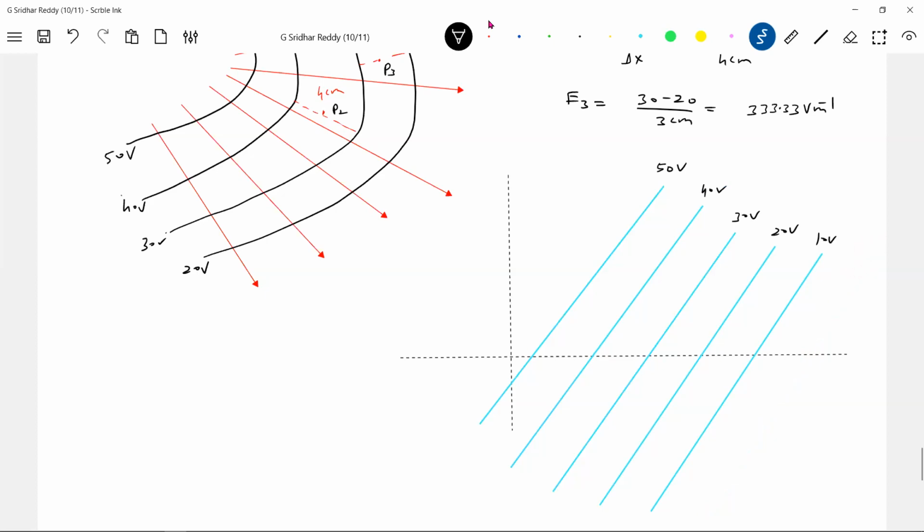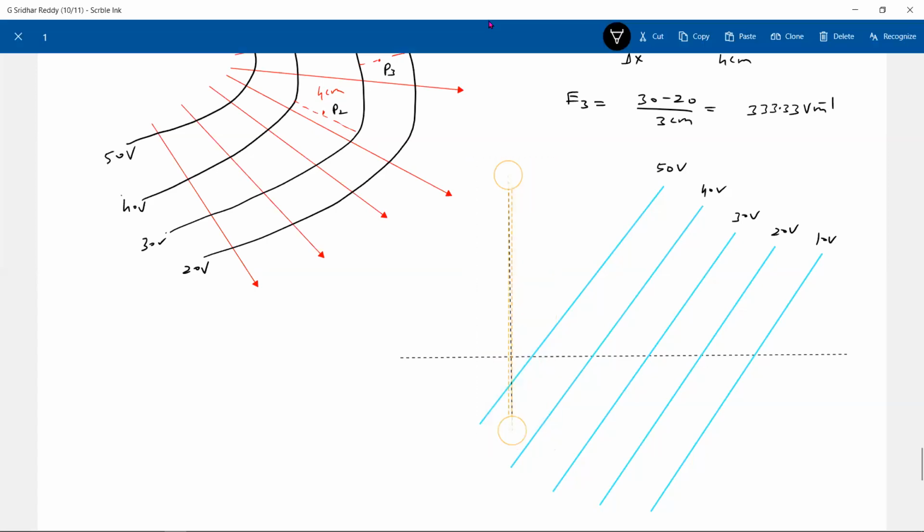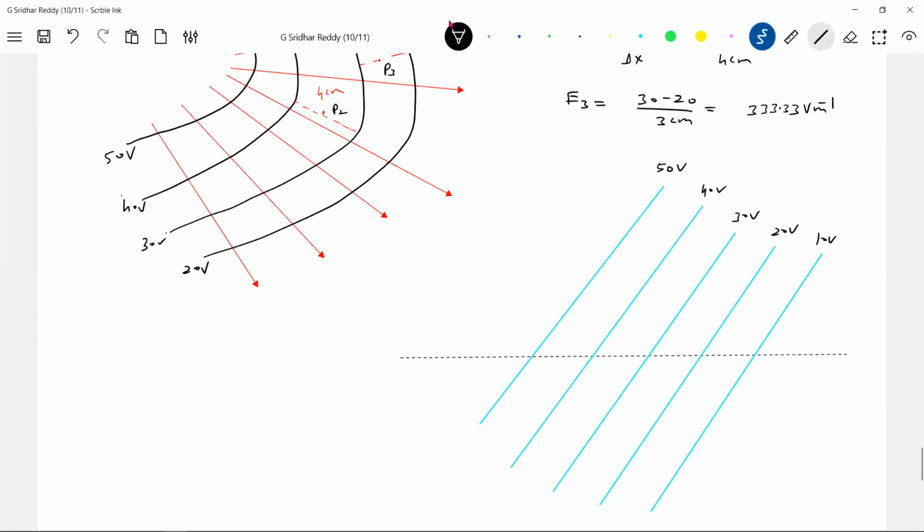Okay, zero potential, let me not show it. And these distances are 1, 2, 3, 4, 5. X is in centimeter.